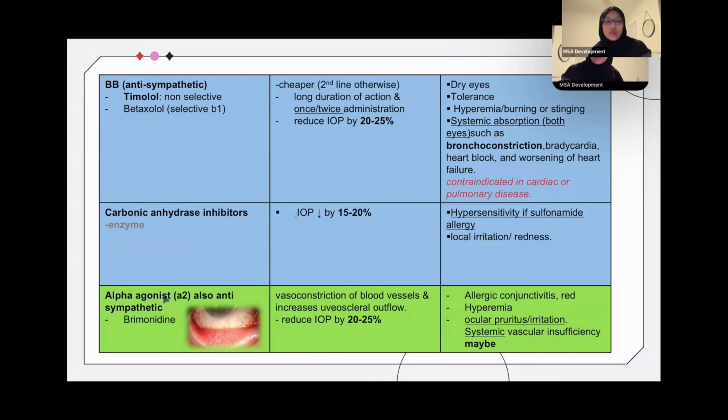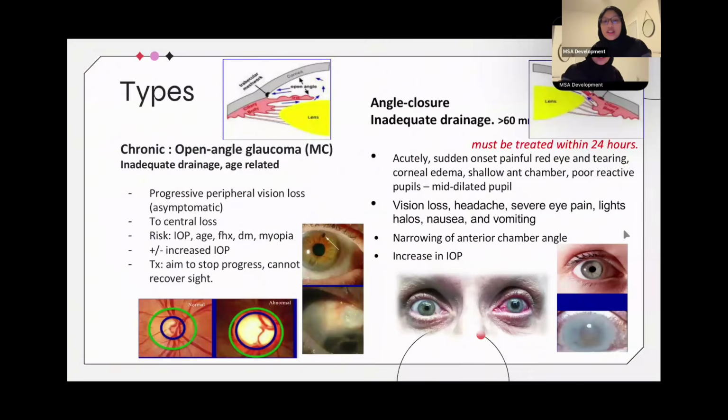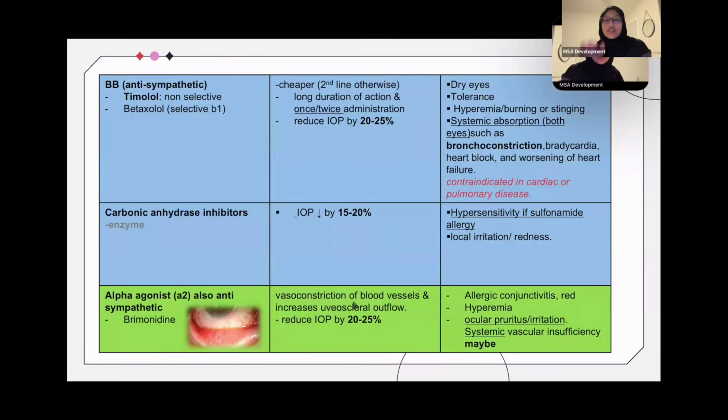So alpha agonist, like always, will cause vasoconstriction of everything, and it increases the uveoscleral outflow, because remember this, if you have relaxation of smooth muscles, it will cause increase in outflow. So here, if it constricts the vessels, then the muscles will relax and increase that outflow.